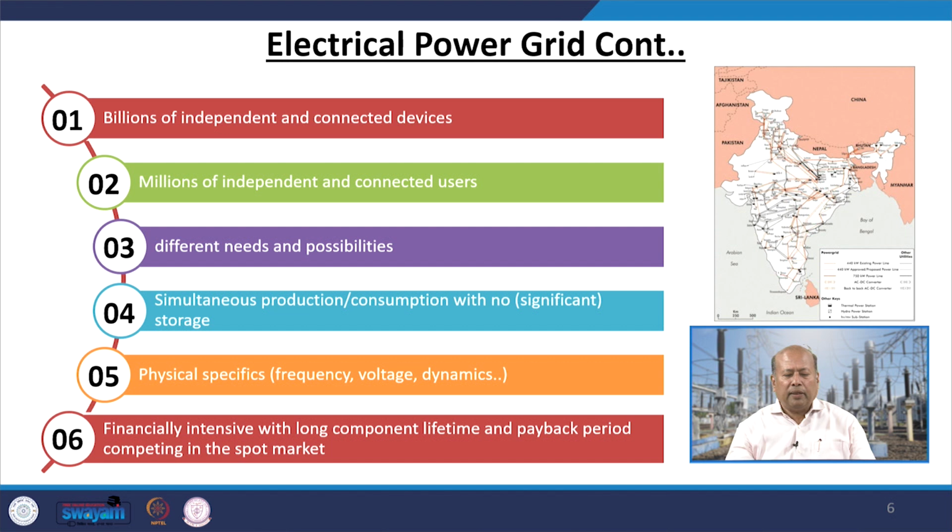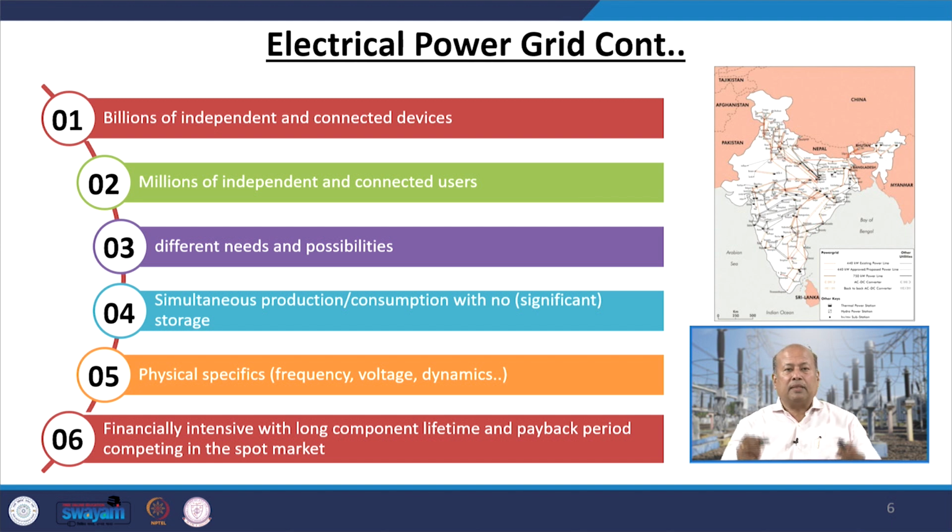Now, when you talk about the electrical power grid, we have billions of independent and connected devices and millions of independent and connected users, with different needs and possibilities. That means what time, who is going to use what kind of devices is not known to anybody.